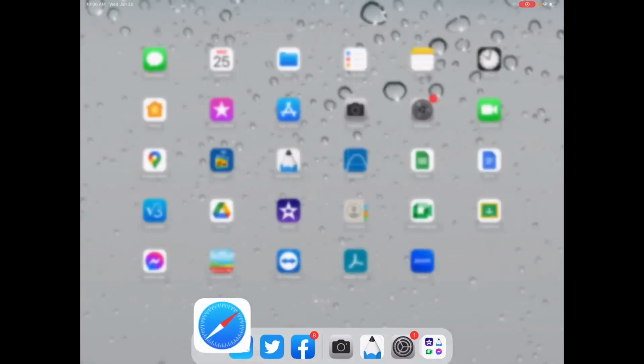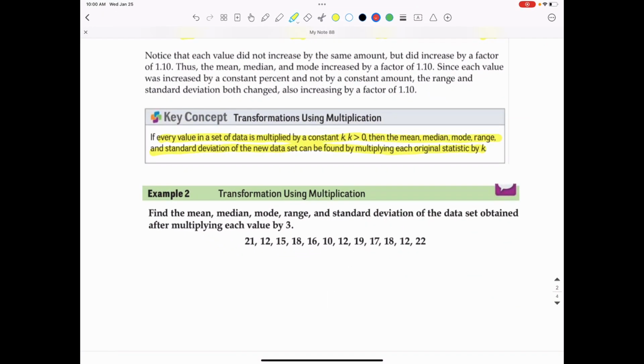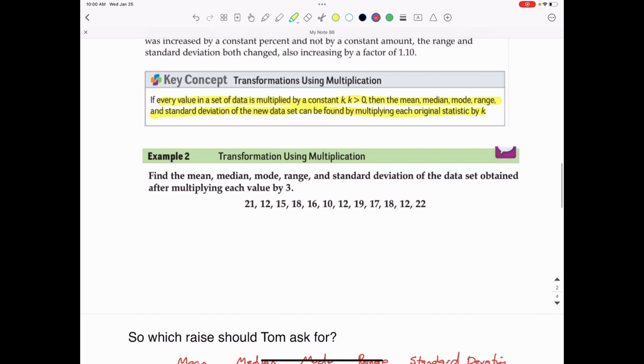So to answer all of the questions, find the mean, median, mode, range, and standard deviation of the data set after multiplying each value by 3. Remember, the old mean was 16, but we're going to take that times 3 to get the new mean, and 16 times 3 would be 48.